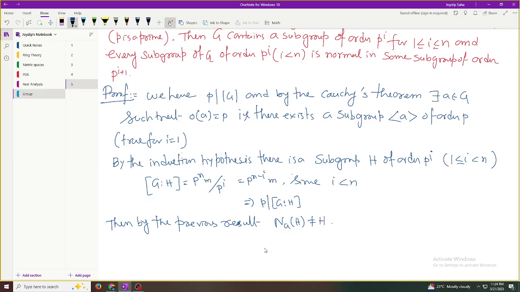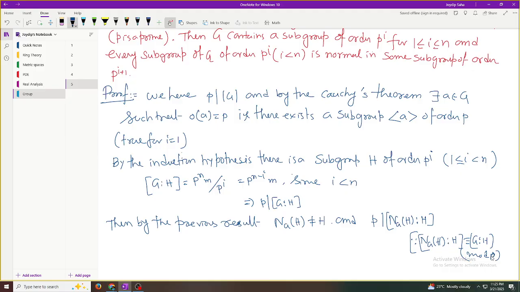Now the normalizer of H is the largest subgroup containing H in which H is normal. Okay. So p divides the index of H in N_G(H), using this result mod p.